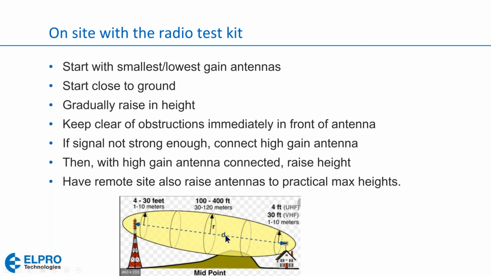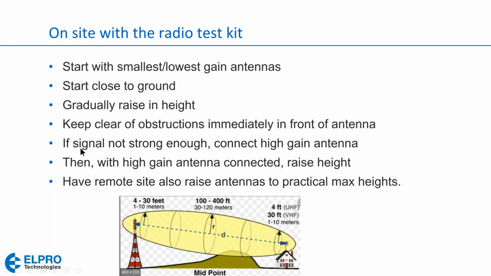You can almost imagine, if you shoot a flashlight in this direction, you're going to get a lot more light at the top of that tower if the tree is mounted right here, as opposed to directly in front of that antenna, or that flashlight in our analogy. And this is showing the Fresnel zone, which has to be 60% clear of obstructions. It's a 3-dimensional stretched football that has to be 60% clear of obstructions for suitable propagation.